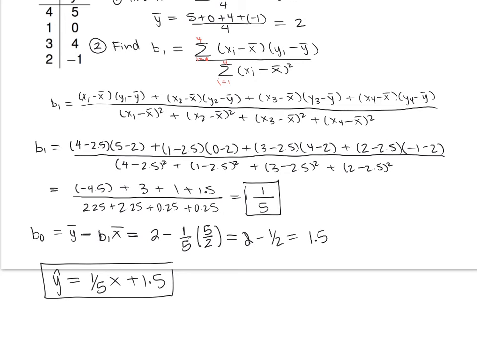Now we're also asked to sketch the data set and overlay the regression line on the plot, so let's do that. So sketching our data set, we first need a grid, and our x's range from 1 to 4. So 1, 2, 3, 4.